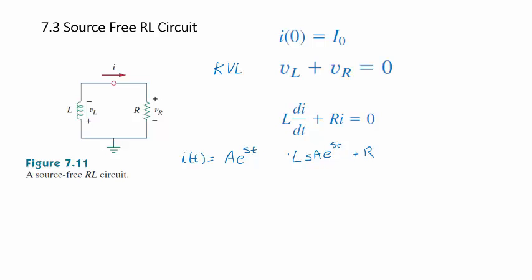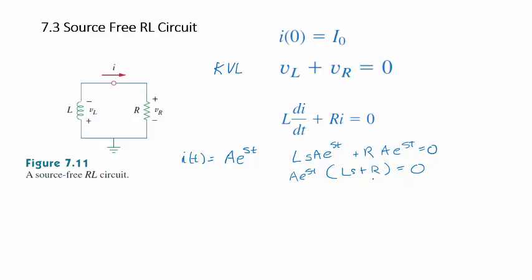Because we substituted our assumed solution for I of t into this equation, we get that, and then a e to the st equals 0. So factor out a e to the st, and then we have a e to the st times Ls plus R equals 0.